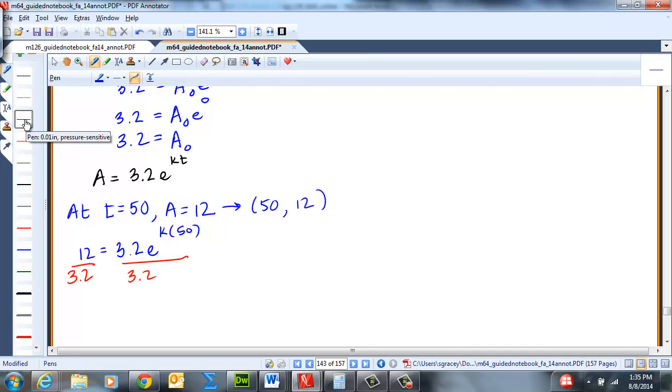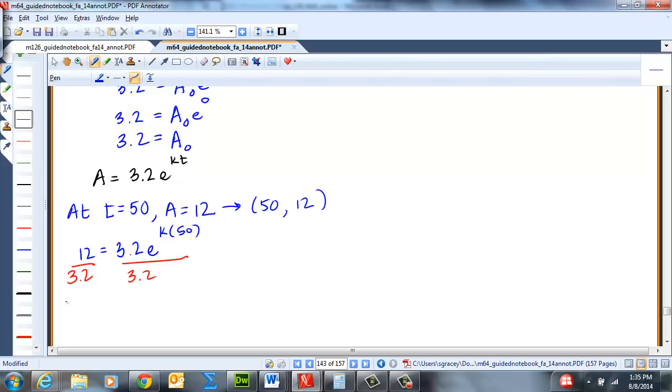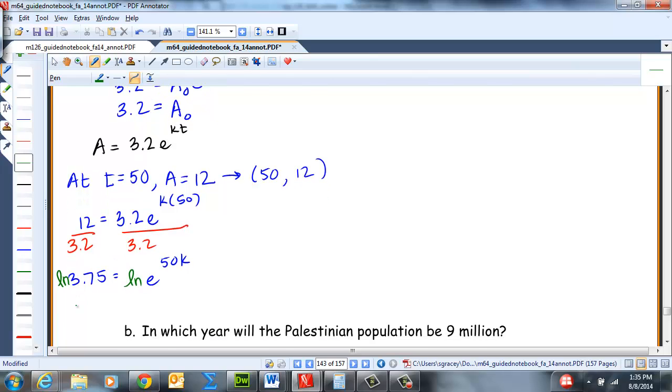Let's see what that is on the calculator. So 12 divided by 3.2 equals 3.75. So 3.75 is equal to e to the 50k. Now, we need to evaluate the natural log of both sides.